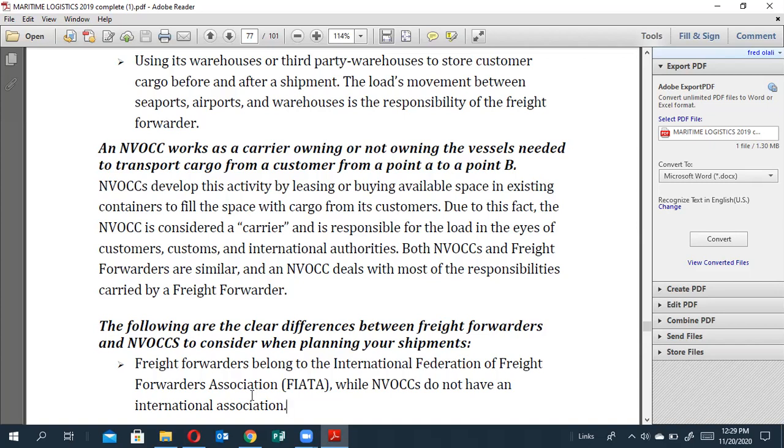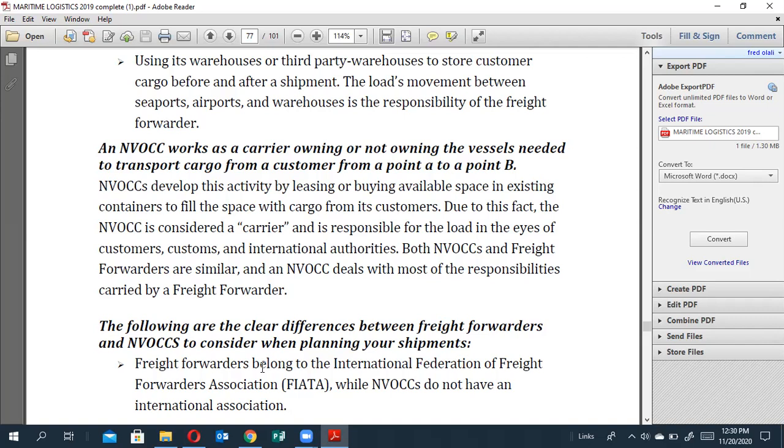Due to this fact, the NVOCC is considered a carrier and is responsible for the load in the eyes of customers, customs, and international authorities. So both the NVOCC and freight forwarders are similar, and an NVOCC deals with most of the responsibility carried out by a freight forwarder.